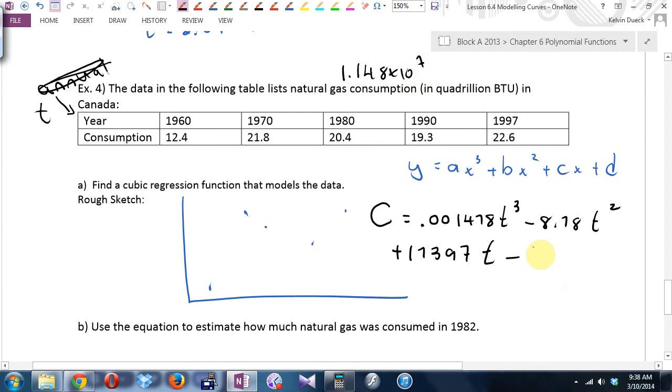That's minus 1,148 with 4 zeros. Those that are in chemistry or physics are used to doing scientific notation, but some of you have not done it for a while. There's my equation.